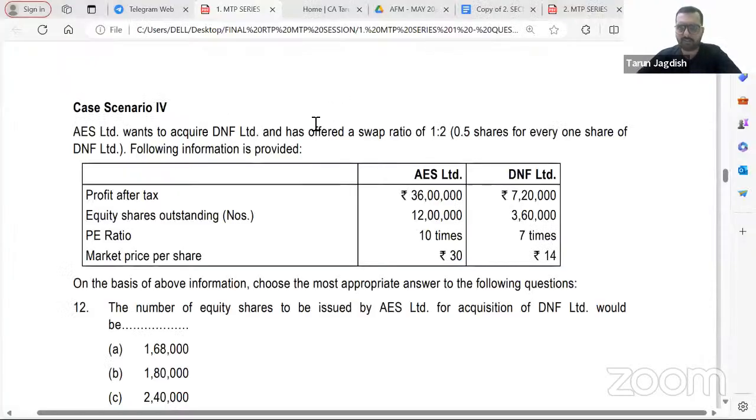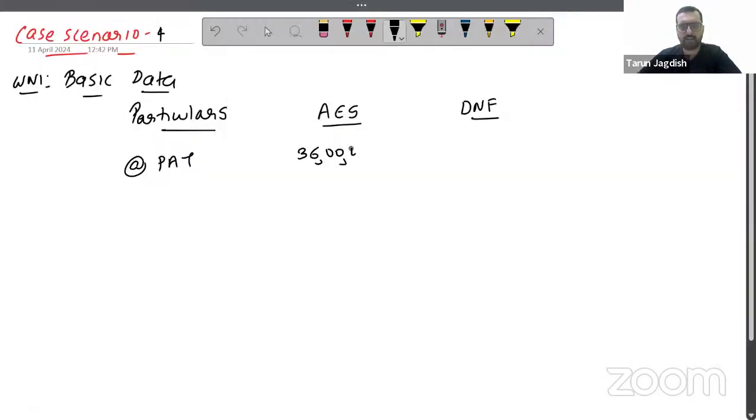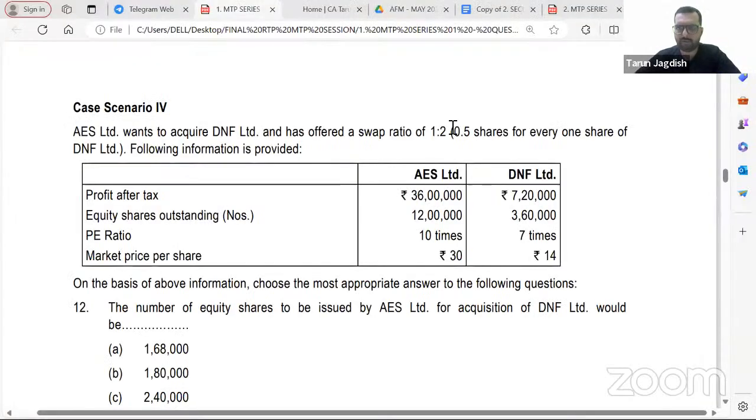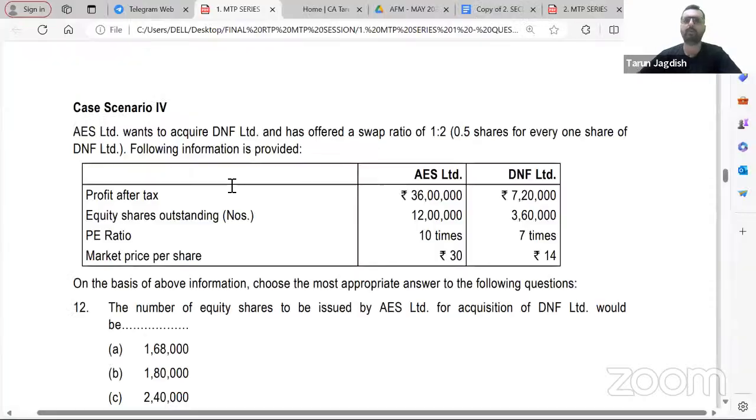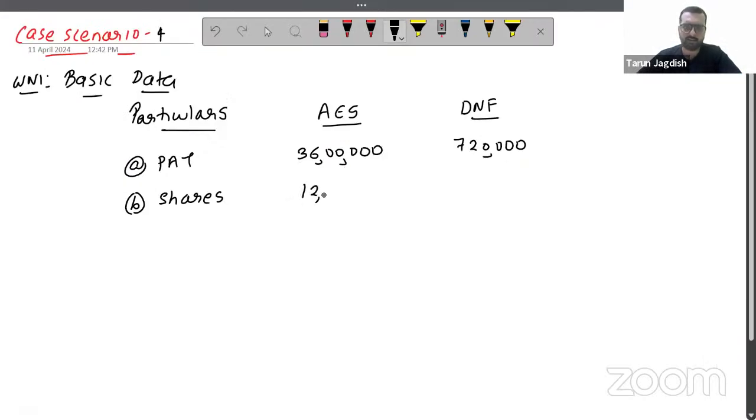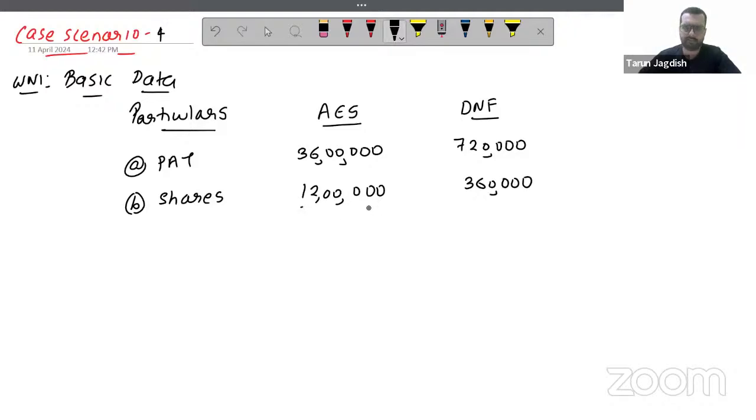Profit after tax is given as 36 lakhs. The other one will be 7 lakh 20,000. Point number B is the number of shares. So tell me, friends, what is the number of shares? You have 12 lakhs. And here you will have 3,60,000.